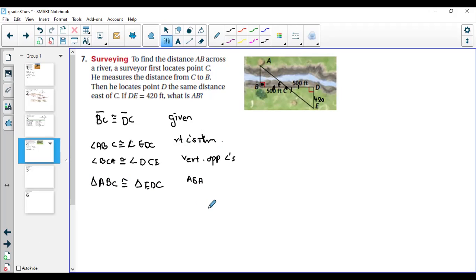Right? Now we can say that AB is congruent to ED as well. So AB is congruent to ED because of what? CPCTC. Now we could say that this is E, right? AB is equal to 420 feet.